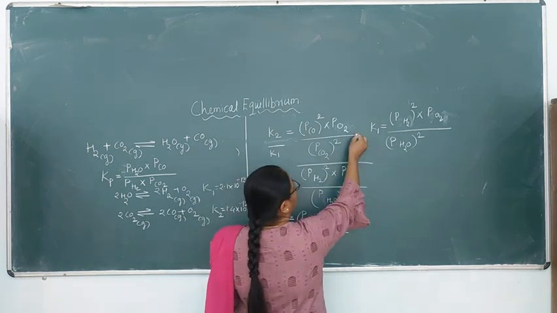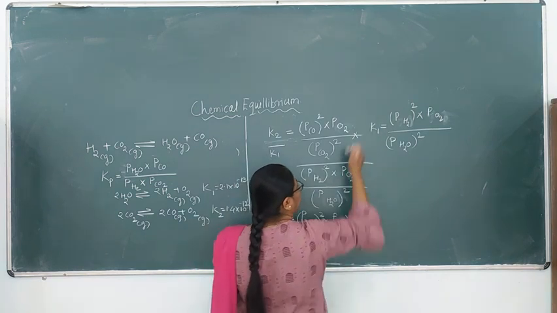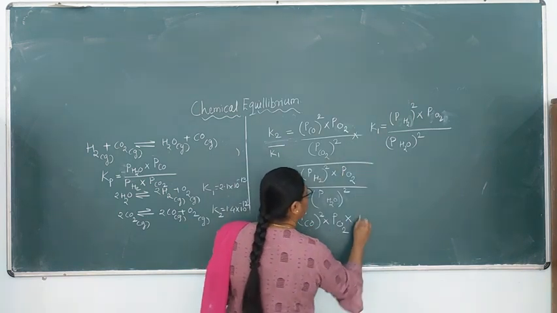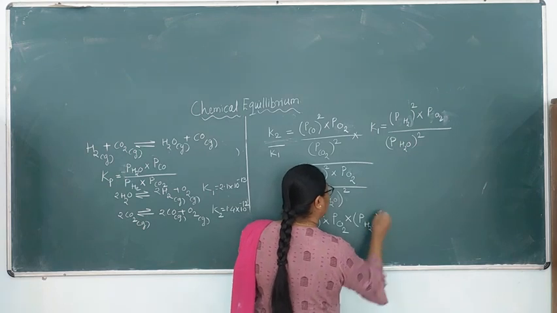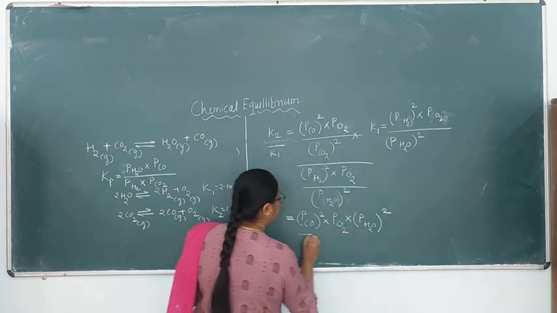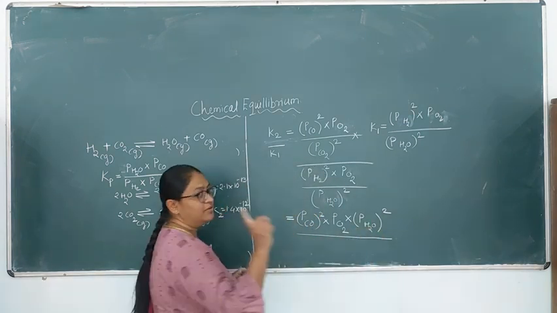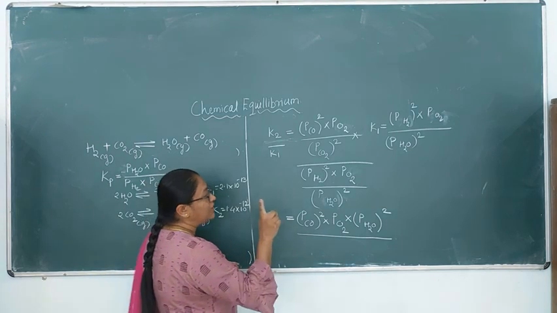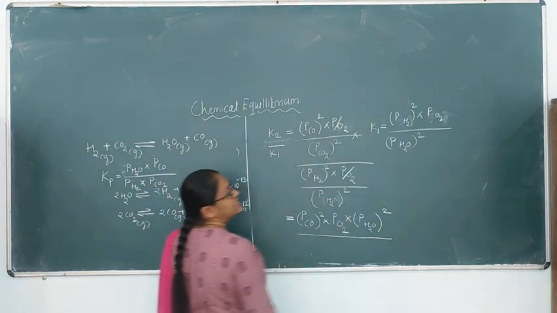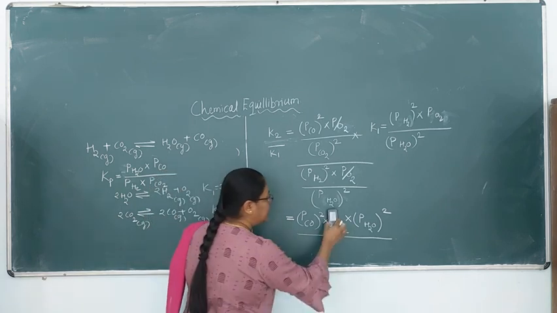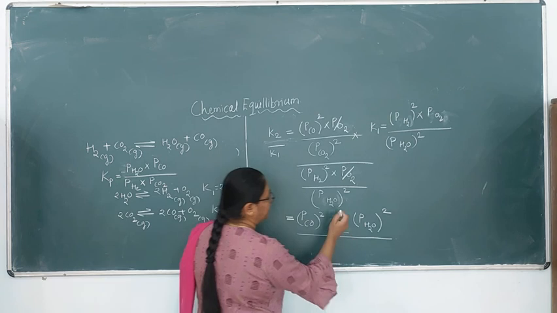If we try to write it as a multiplication, the denominator goes to the numerator and this will be the denominator. So pressure of water raised to 2 divided by... actually one term we forgot to cancel, only one term is common and that term can get cancelled, right? Therefore only the two terms are left.